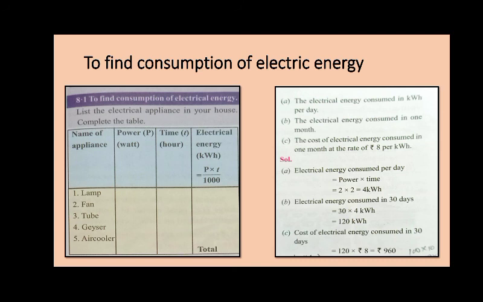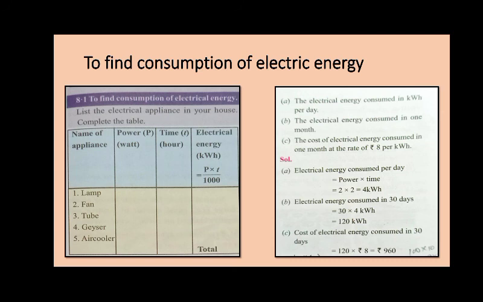Then we have to find the electrical energy consumed in kilowatt hours per day. So electrical energy is equal to power into time. So consumed per day it is 4 kilowatt hour, and a month, say it is of 30 days, then 4 kilowatt hour is the energy consumed in one day.